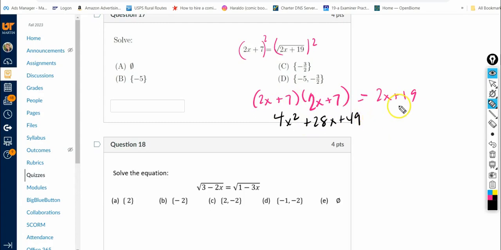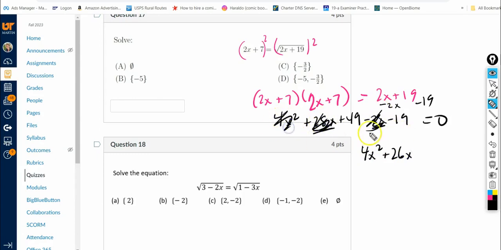And now I want to subtract 2x from both sides and subtract 19 from both sides. So I'm going to have 4x squared plus 26x, so 28 minus 2x. And 49 minus 19 is 30.